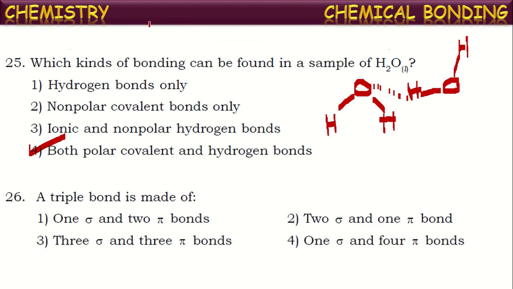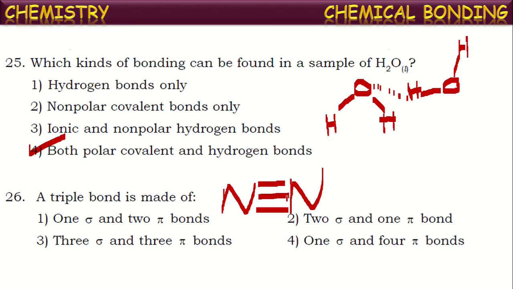Next question. A triple bond is made up of. Suppose you observe the nitrogen molecule, between two nitrogen atoms there exists a triple bond. In any multiple bond, one bond will be a sigma bond, formed by the axial overlapping of atomic orbitals, and the remaining bonds will be pi bonds, formed by the sidewise overlapping of atomic orbitals.